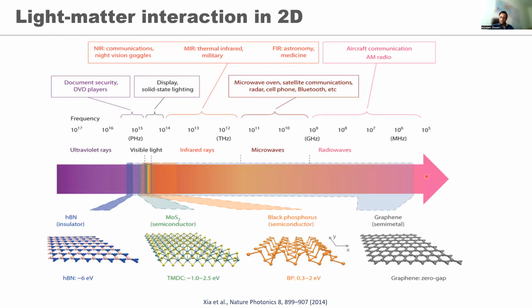So why are they so interesting? Because of the sensitivity of these over nearly 15 orders of magnitude of the electromagnetic spectrum. You see, graphene is a zero bandgap semiconductor or semi-metal, which is why it can go all the way to the microwave regime or a few megahertz, all the way to ultraviolet. You have black phosphorus, which is a low bandgap, so you have got to infrared with that.